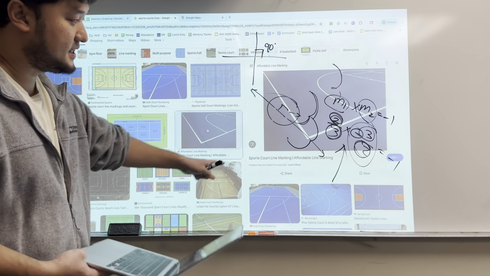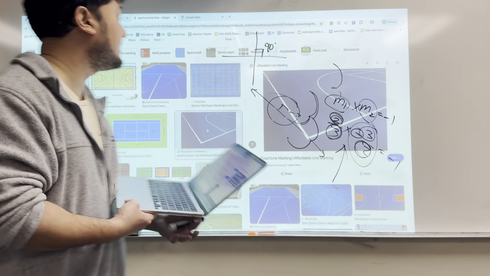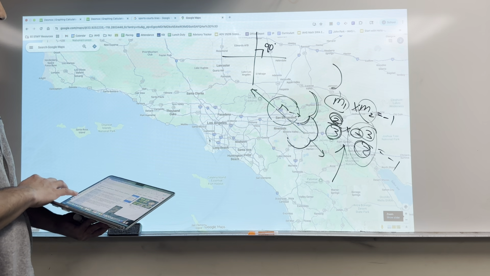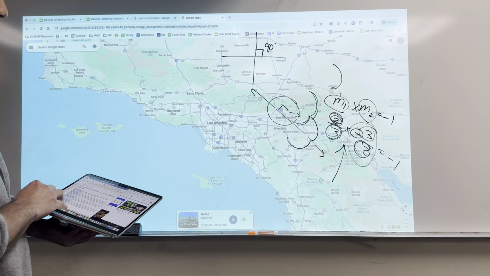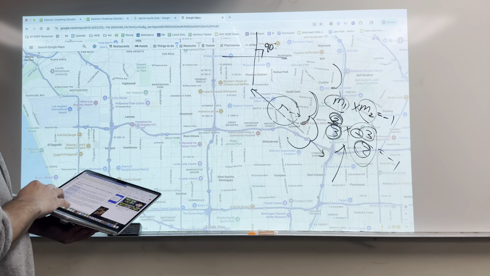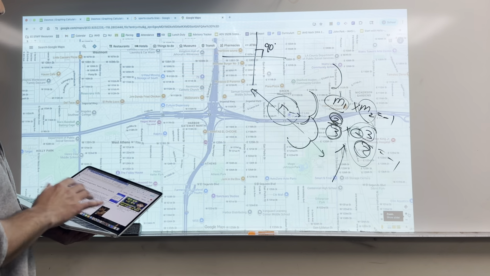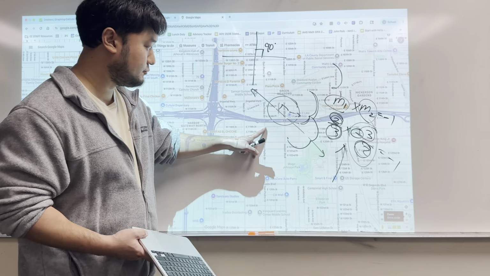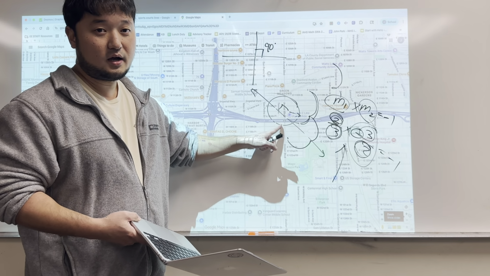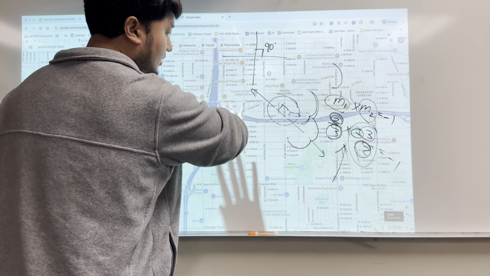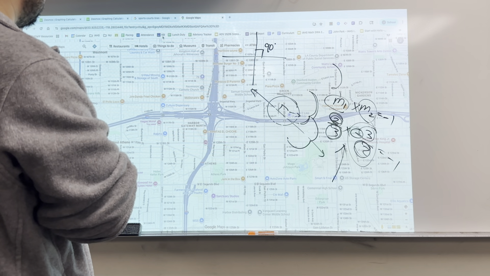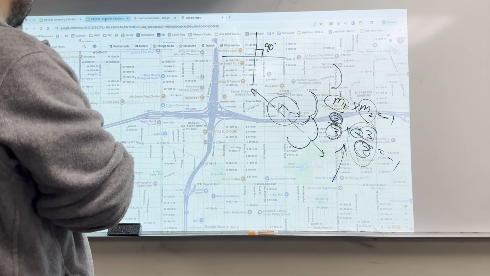Tennis court, you see the perpendicular lines, right? If you go to Google Maps, this is a Los Angeles map. Let's zoom in, and you can see how our road construction is arranged in America: we have a lot of perpendicular roads, right? Most are literally perpendicular, like a chessboard.